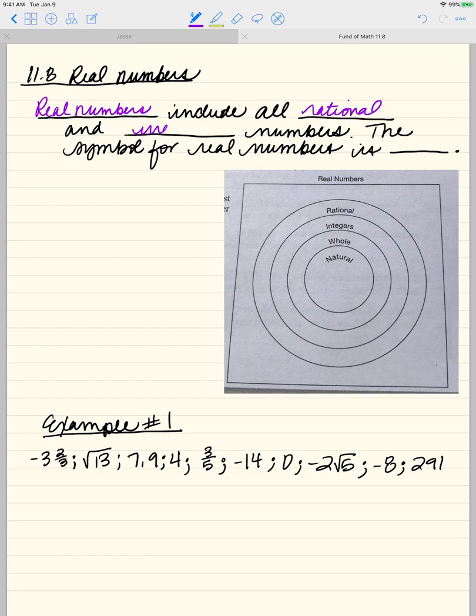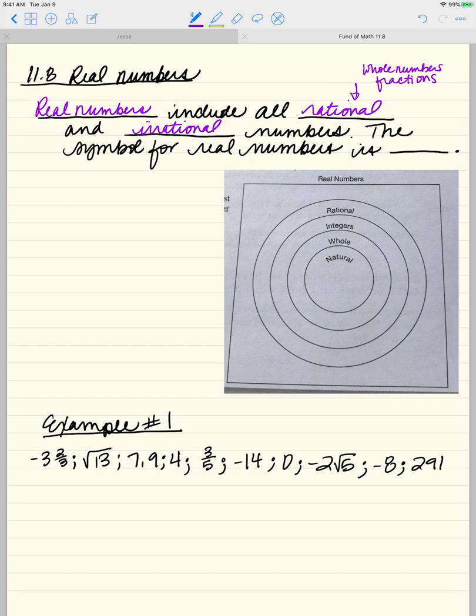And we have talked about those before, but just to review, rational numbers include all of the whole numbers and fractions.